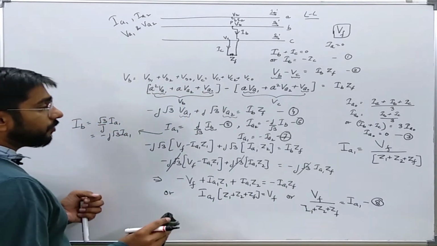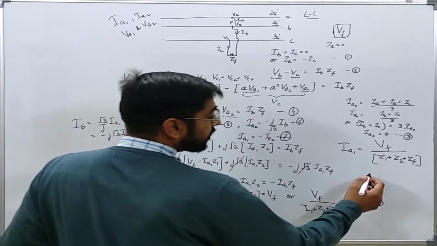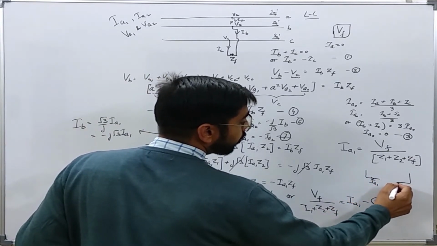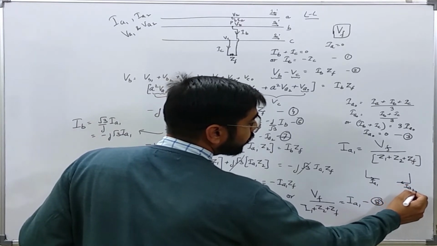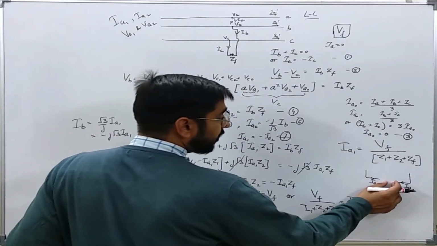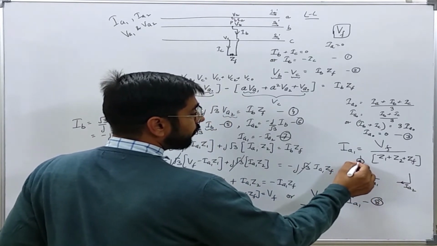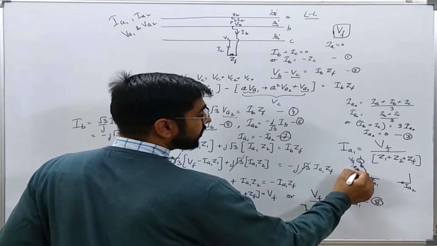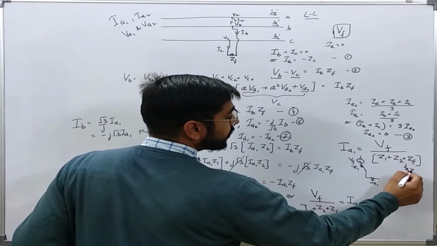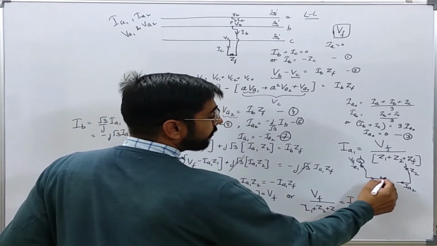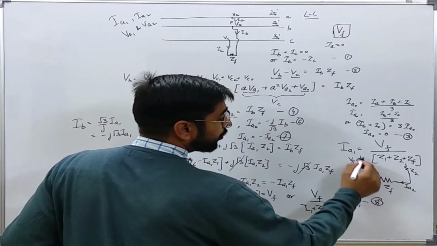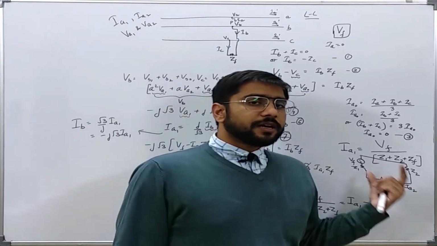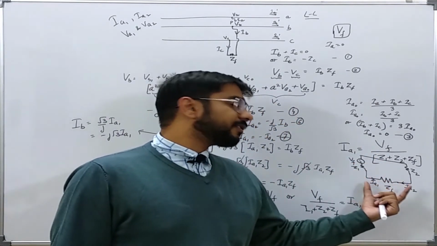If I try to form a network in which IA1 and IA2 join at one place, then VF, Z1, Z2 and ZF should come in series with this network. So somehow we are getting some idea that this type of network should be there.